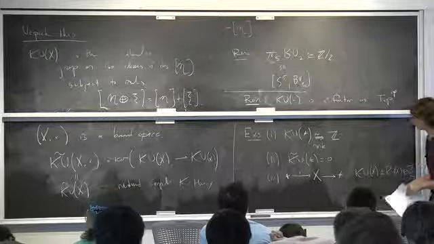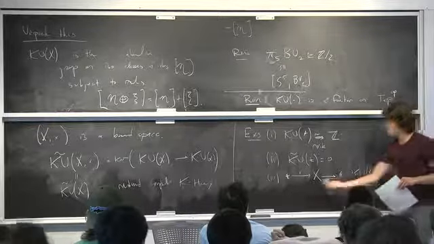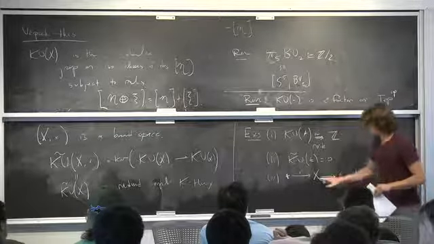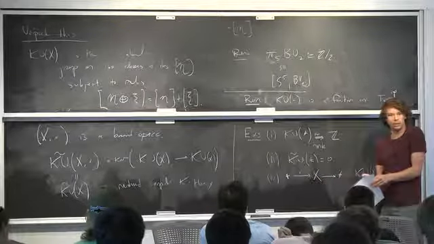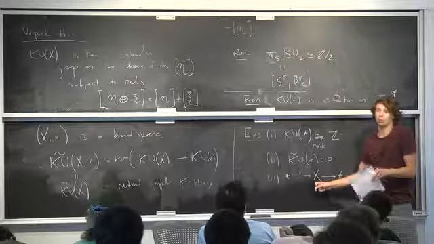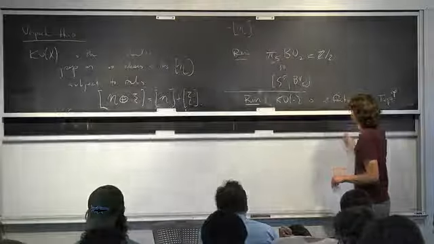So this is canonical for based spaces. In general, only the map from Z to KU of X is canonical for arbitrary spaces, and that's just the map that sends the number n to the trivial rank n vector bundle on X.